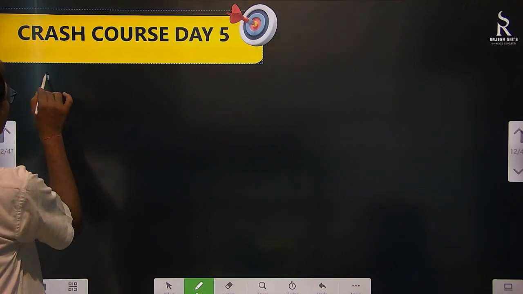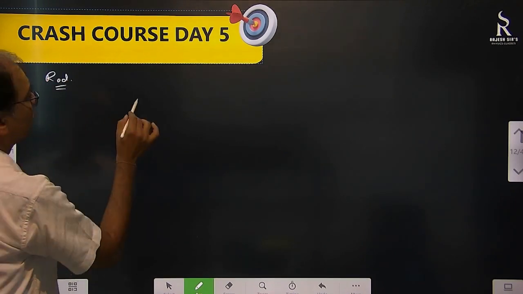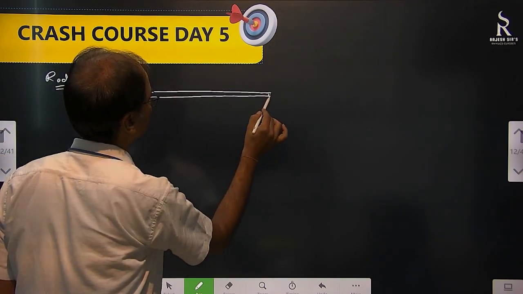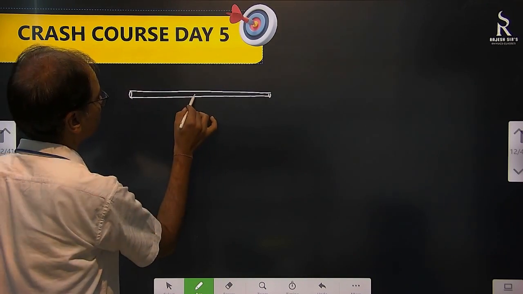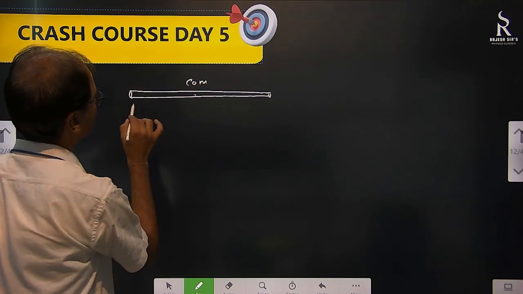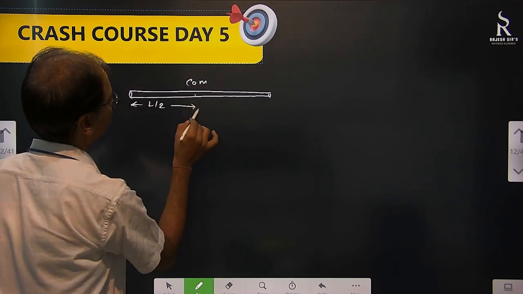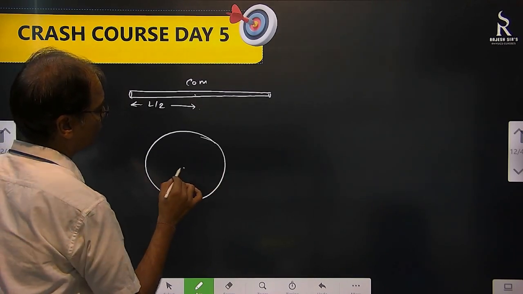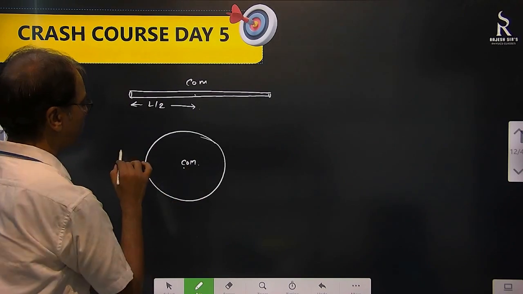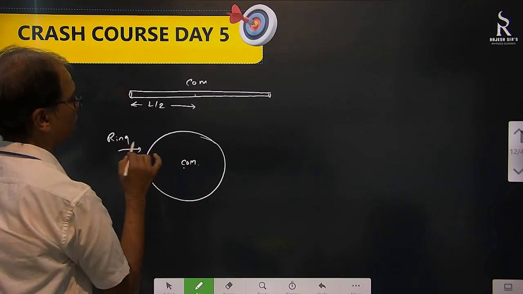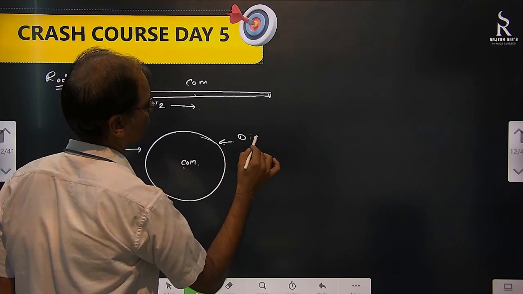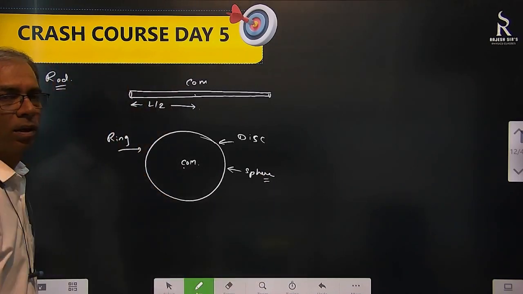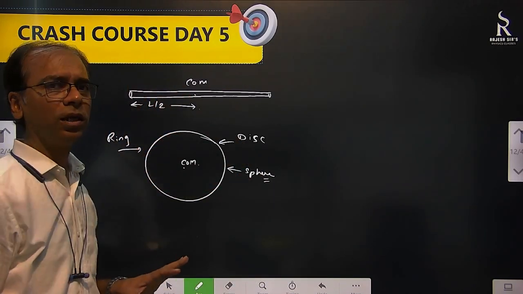Like if we are talking about a rod, its center of mass will be where? At the center itself. So for a uniform rod, its center of mass is at the center. Here is the center of mass. What is that? L by 2. Ring is there. Uniform ring, its center of mass is at the center. Disk is there. Ring, disk, sphere. Okay, so that means if symmetrical bodies are there, it will be at the geometrical center.